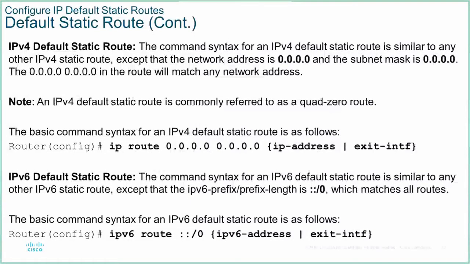It needs to make a choice as to which one to send the traffic to. So that's why it makes it a candidate, and then out of the candidates, it chooses the master default. So the IPv6 version of it is where we have :: which is all zeros, /0, and then the next hop.